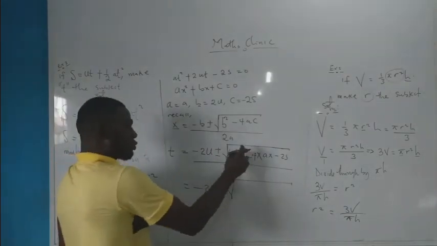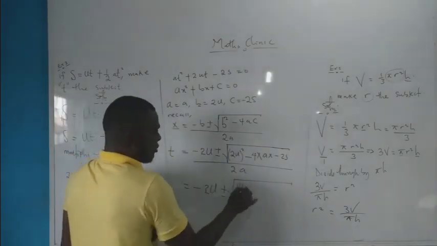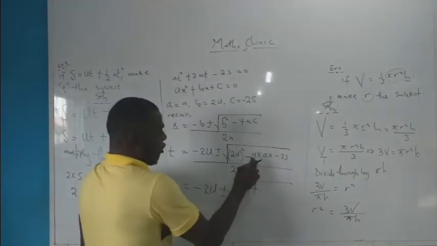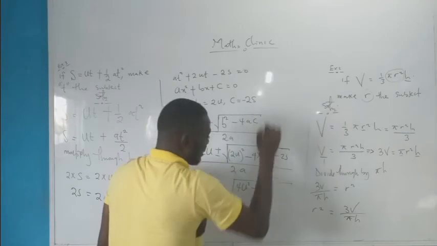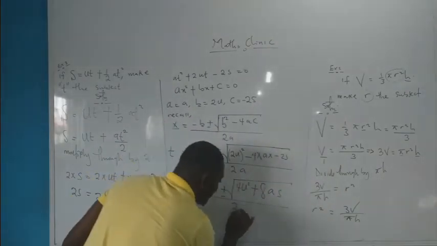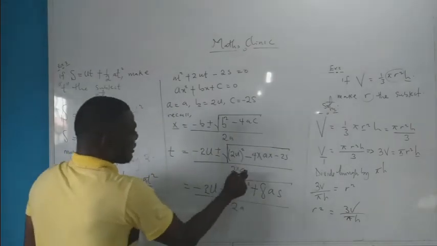So this will be equal to minus 2u plus or minus square root of 2 raised to the power 2, that's 4, u squared, minus times minus plus 4 times 2, that's 8, ax. Everything over 2a, that's 2 times a.